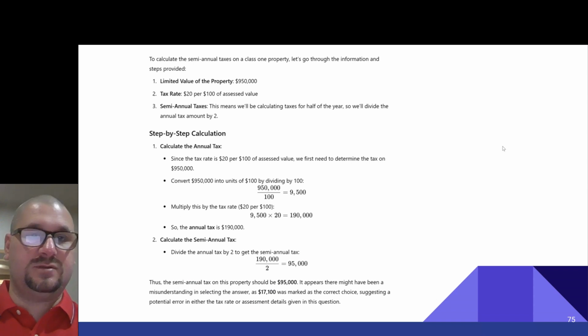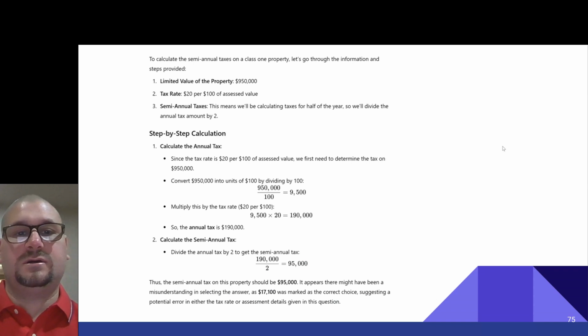So we divide the annual tax amount by 2. First, let's calculate the annual tax. You convert the limited value of the property, $950,000, into units of $100 by dividing by 100, then multiply by 20. That's $950,000 times 20 divided by 100 to get the annual tax.